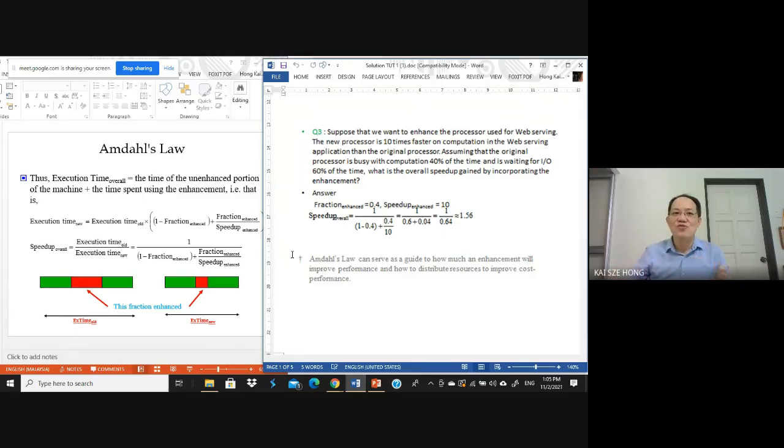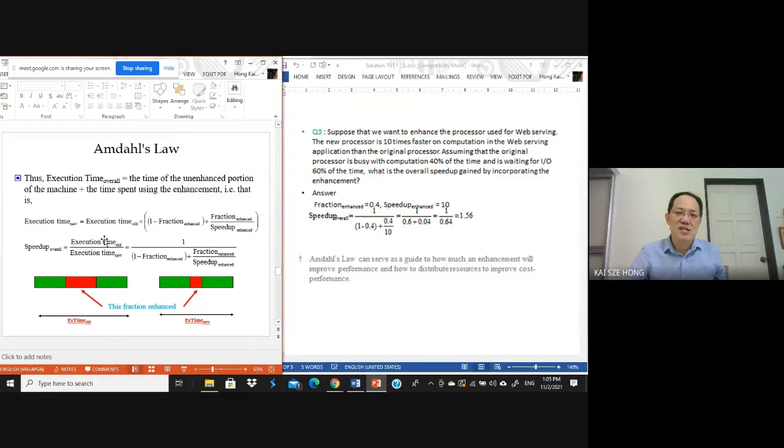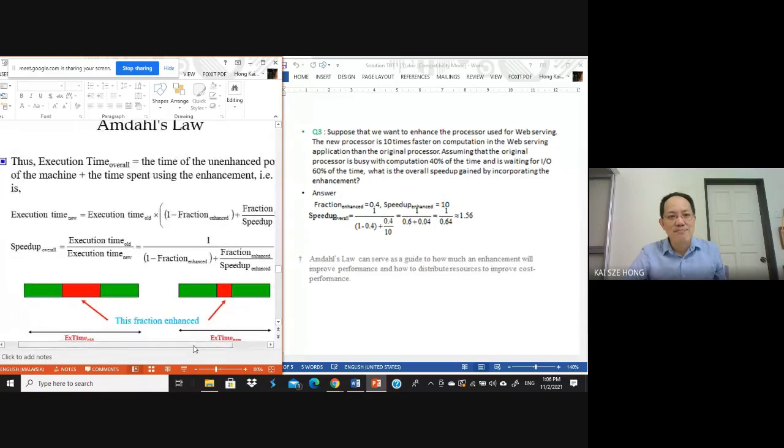so don't worry. For question number 3, we are going to use Amdahl's law. What is Amdahl's law? It uses these 2 formulas, but the most important formula is the speedup. The overall speedup is equivalent to the old execution time over the new execution time, which equals 1 over (1 minus the fraction enhanced, plus the fraction enhanced over the speedup of the enhanced).